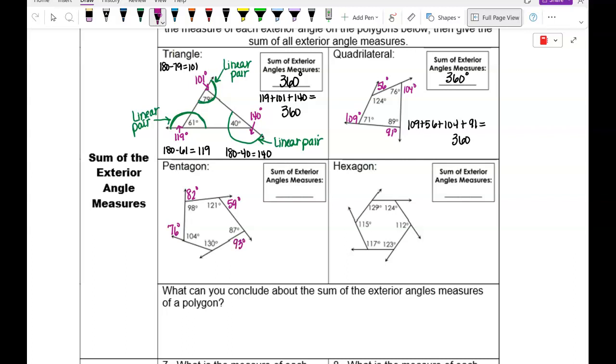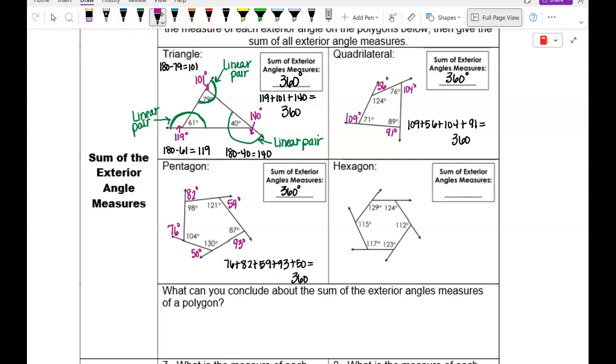And the supplement to 130? 50. And then again, if I take that 76 plus 82 plus 59 plus 93 plus 50, what do I get? 360.